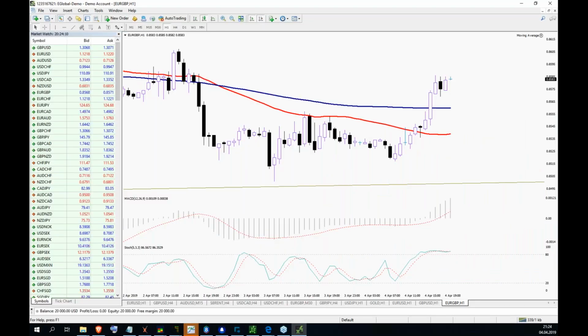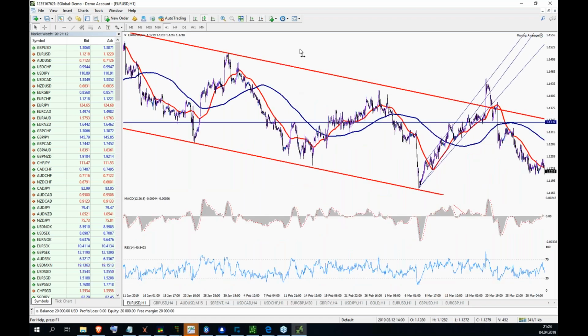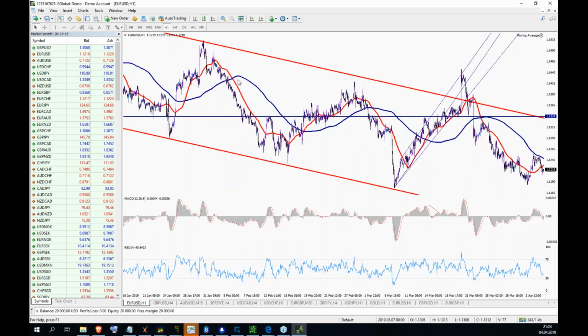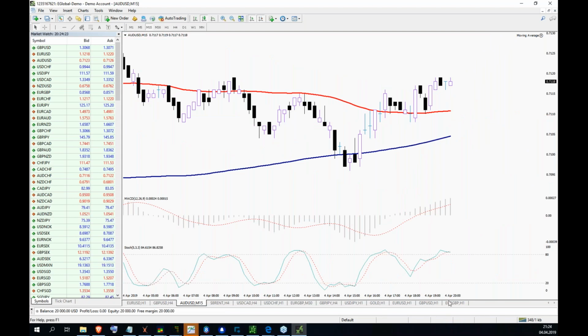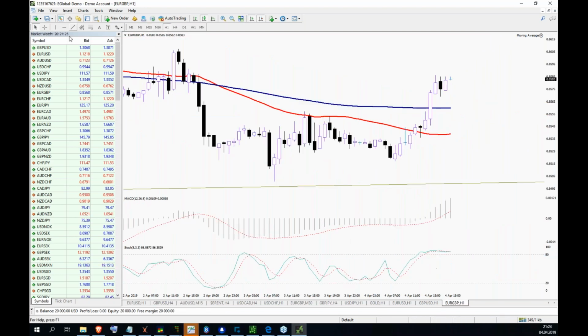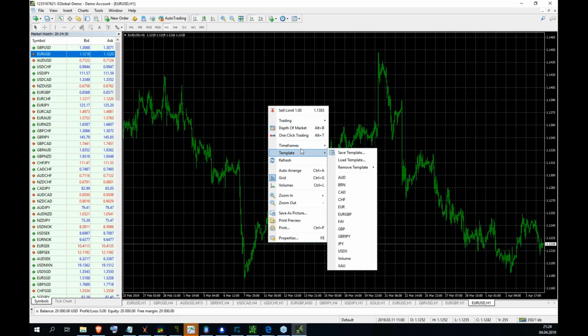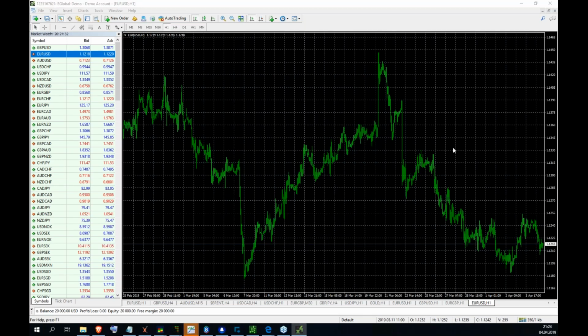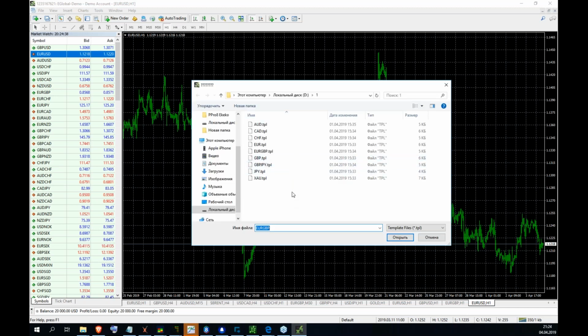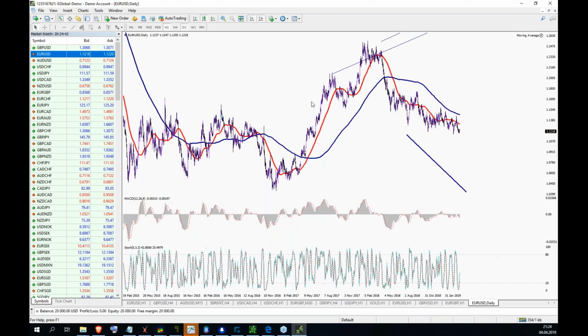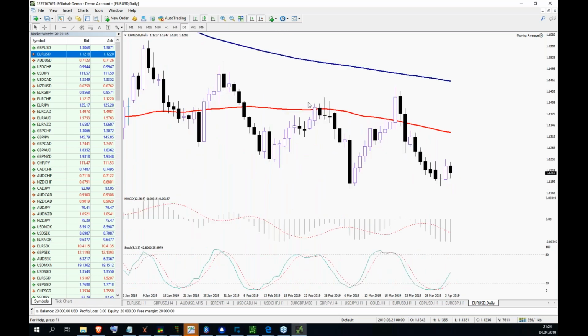So basically, let's scroll down. I probably don't need these support and resistance zones, which I have, because basically we would not need them, and I need a clear chart. I'm going to be opening this chart window, applying a simple template, and scrolling to a daily time frame.